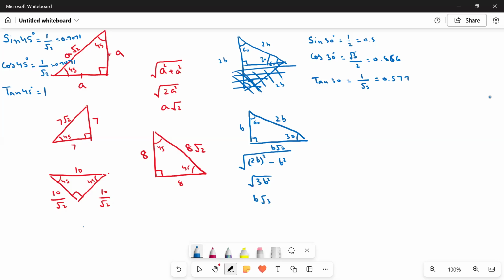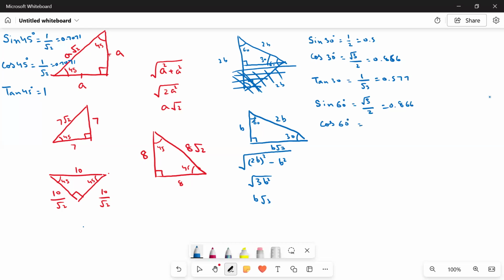Okay, now I can do some others from here. Can you tell me what is sine of 60 degrees? Okay, for 60 degrees, opposite over hypotenuse is b root 3 over 2b. So this is root 3 over 2. Okay, same 0.866. Similarly, what is cosine of 60 degrees?